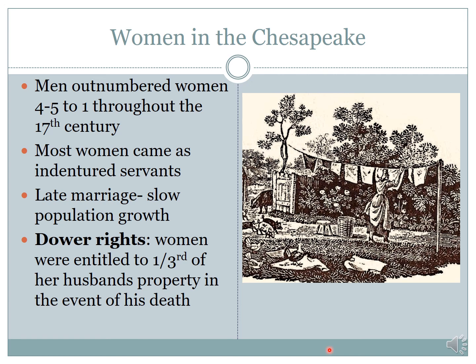It was unheard of really for women to actually own property. Now, if you were one of these women that happened to get these dower rights, you were at an advantage, because if you could manage the land and do everything that was necessary to keep the plantation or whatever it was going, you could potentially be independently wealthy. And that was a unique opportunity for these women living in the Chesapeake.